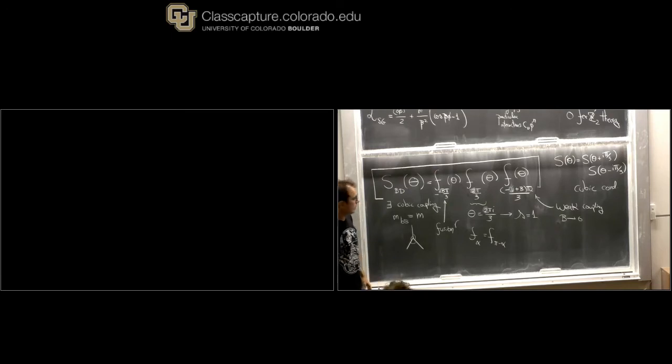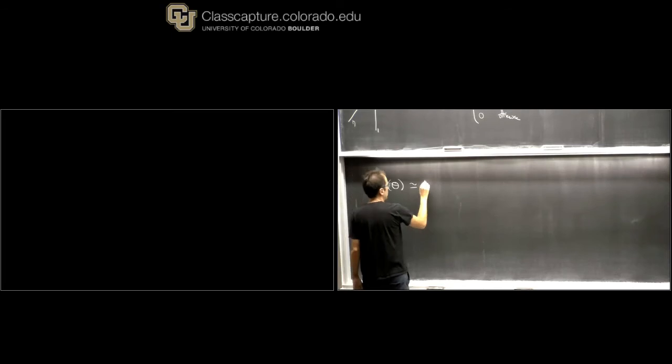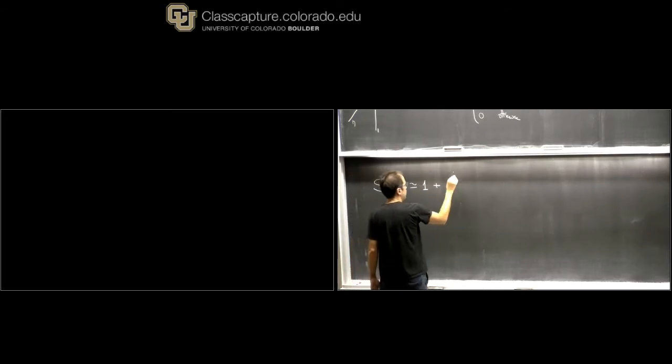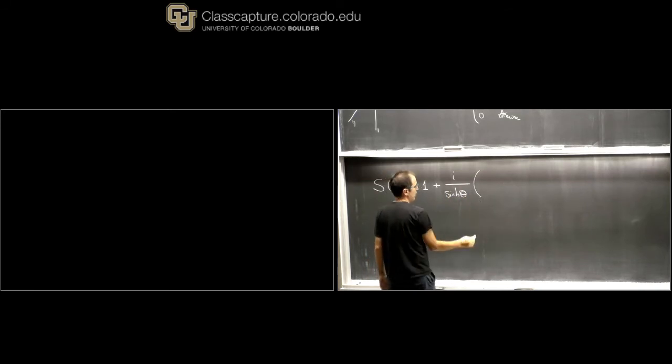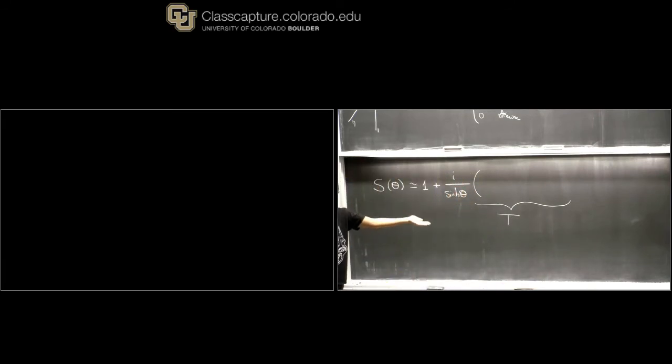Right? Now let's take this S matrix and expand it at b going to 0. And if you expand this S matrix, S of theta, what do you get? You get 1 plus i over sinh theta times t, which is what we compute from Feynman diagrams. And I will write t by converting from theta to s, such that we recognize a little bit more what we get in perturbation theory where we use s.